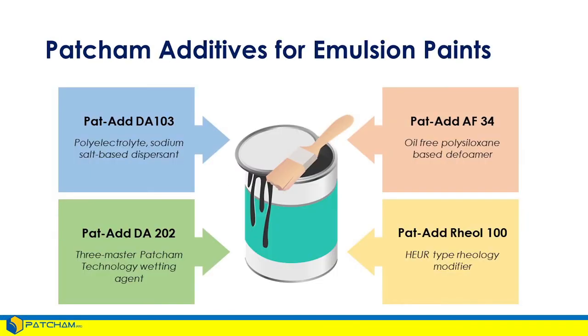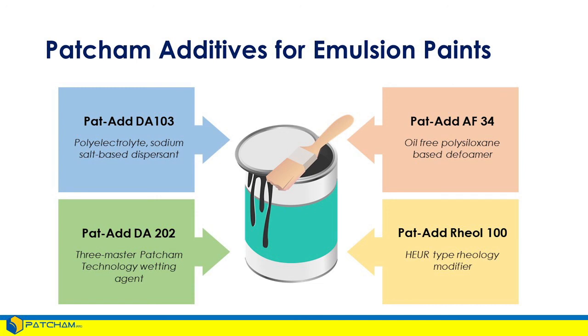You can take your formulation of choice. Our preference is, of course, using all Petchem additives: 103 as the dispersant and stabilizer, 202 as the wetting agent, AF34 as the PDMS, mineral oil-free defoamer, and the Reol 100 as the HURA thickener.